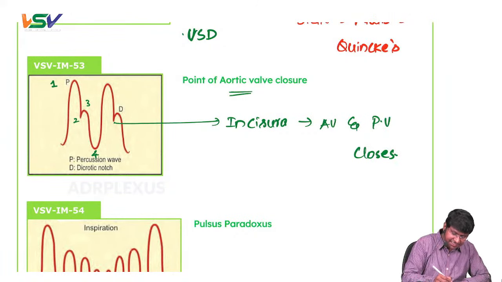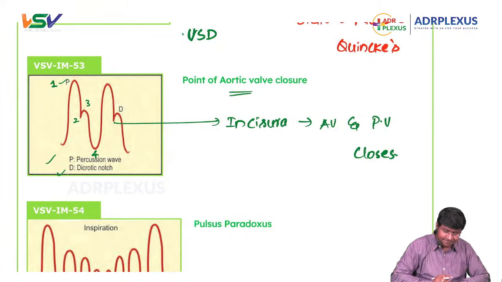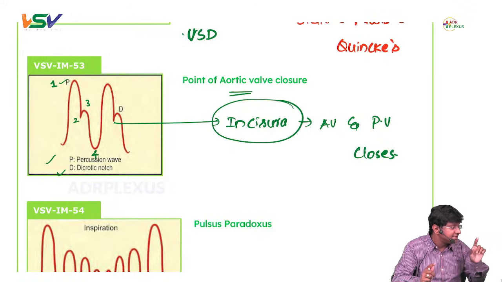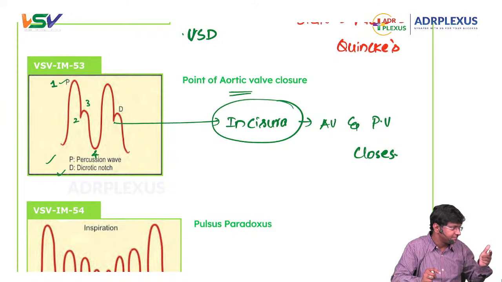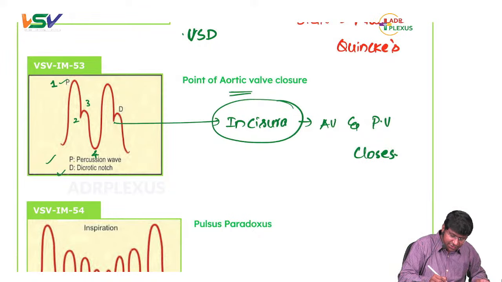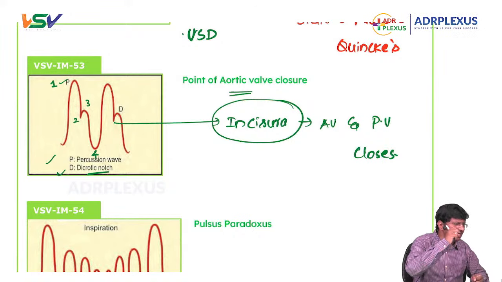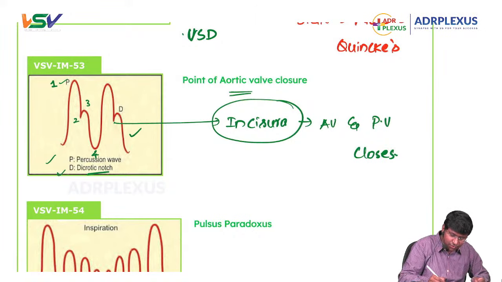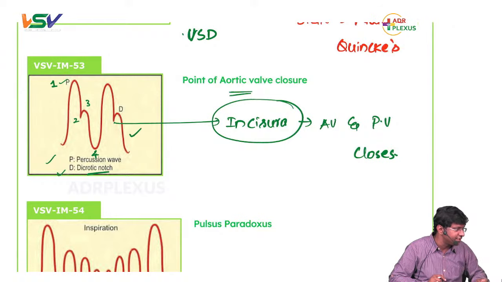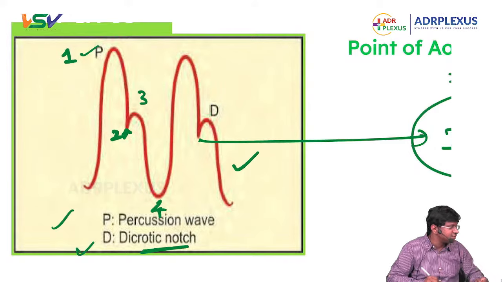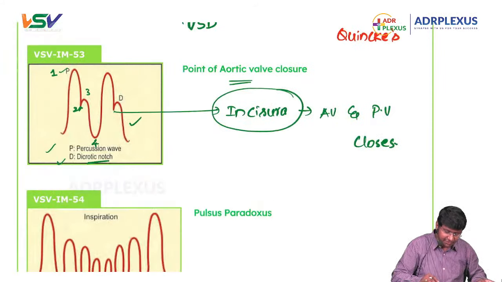P stands for the percussion wave, D stands for the dicrotic notch. The incisura tells you that diastole is about to start. It is not D. D is your dicrotic notch, where after the closure of these semilunar valves, the pressure slightly increases and again returns to normal. Point 3 is the dicrotic notch, and point 2 is your incisura, the point where the semilunar valves close.